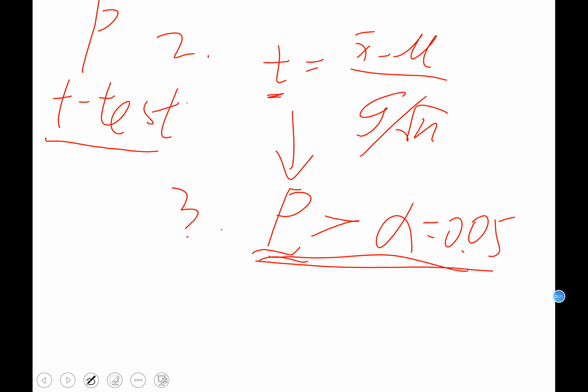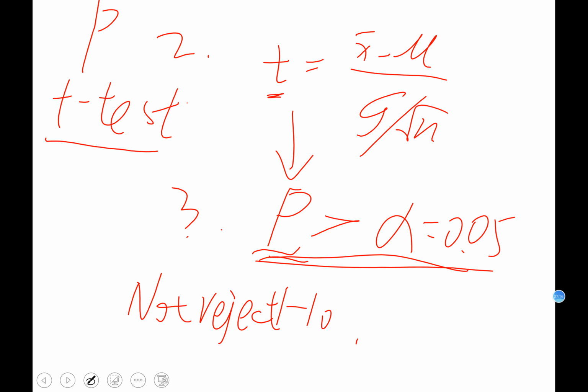So at this time, when p is bigger than alpha, we do not reject H0. That means H0 is true. That means there is no difference between the two populations. But in medical statistics, we often say there is no significant difference between the two populations. So this is the first kind of conclusion.